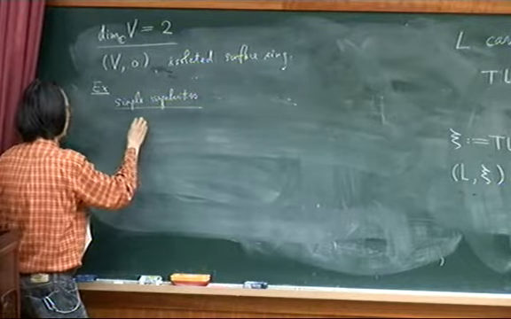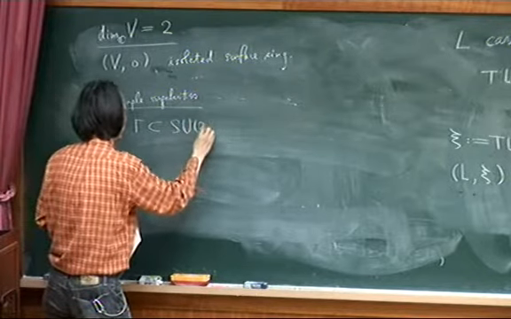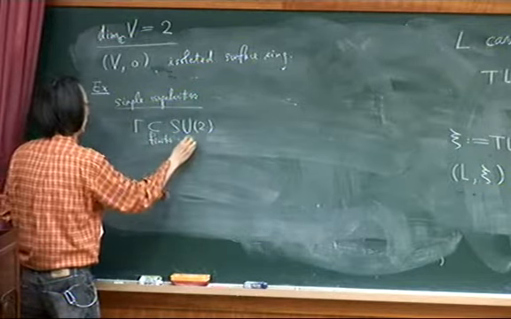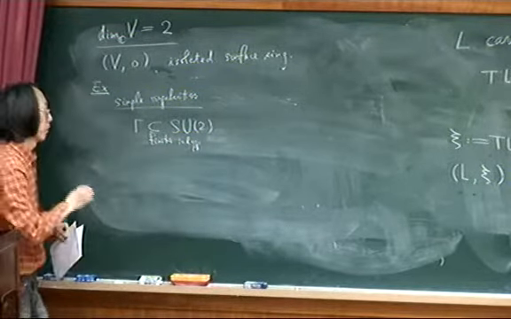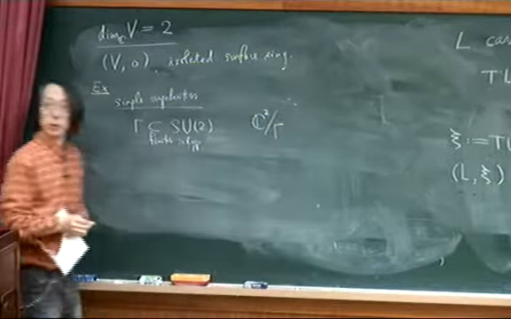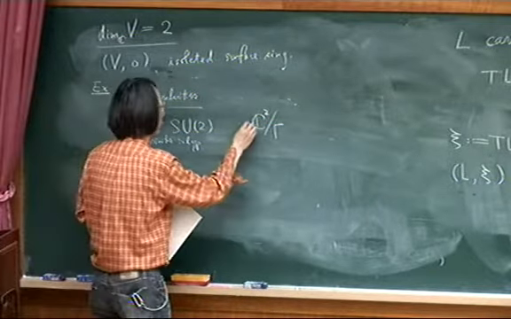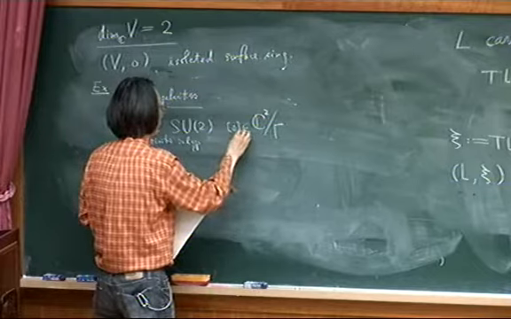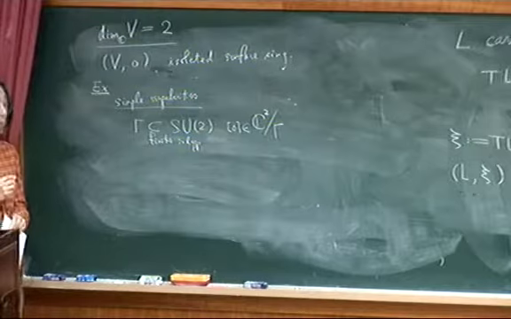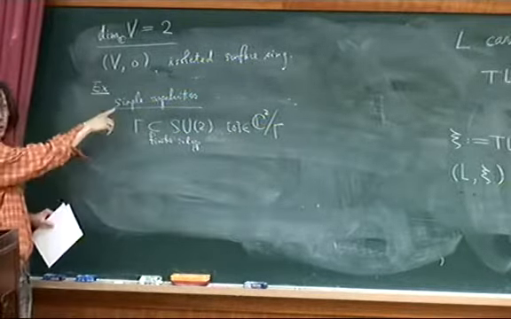So first way is just consider the following thing. Take a finite subgroup Gamma of SU(2), and then consider the quotient of the complex plane by this Gamma, and then you have the origin as an isolated singularity. Okay, so this is one way to understand this.